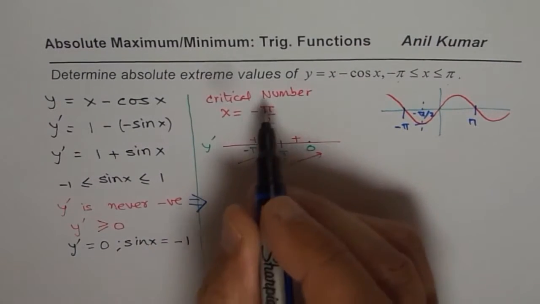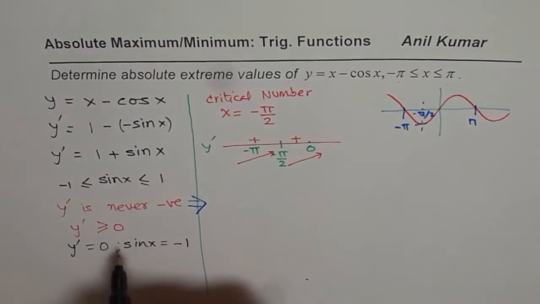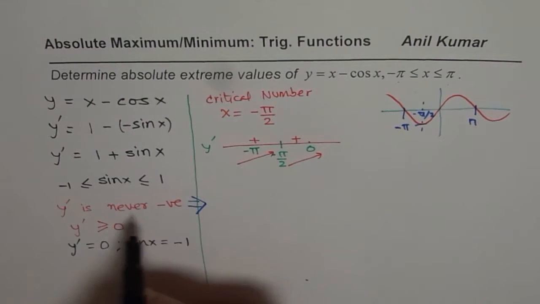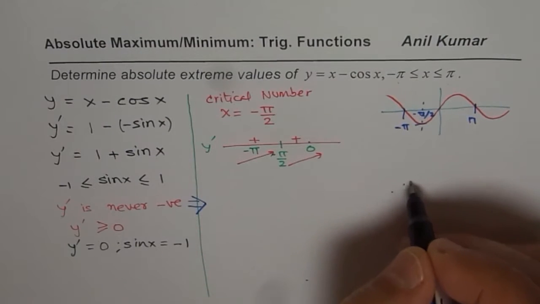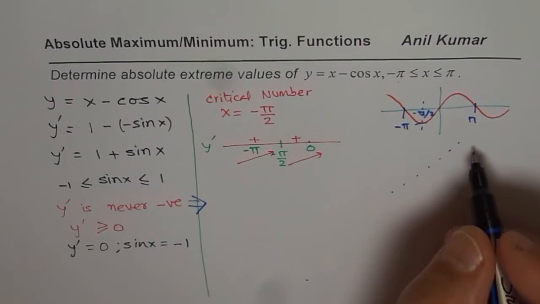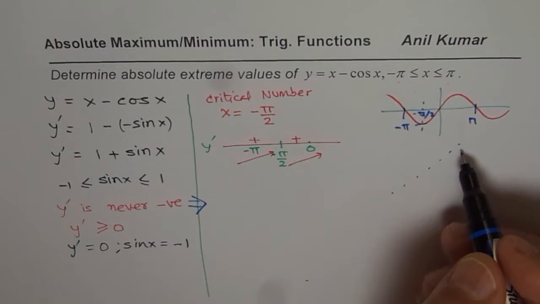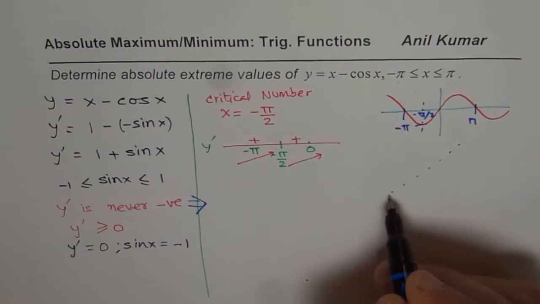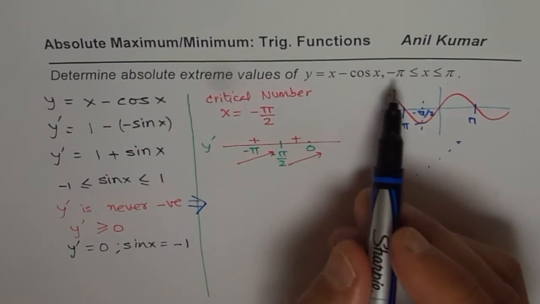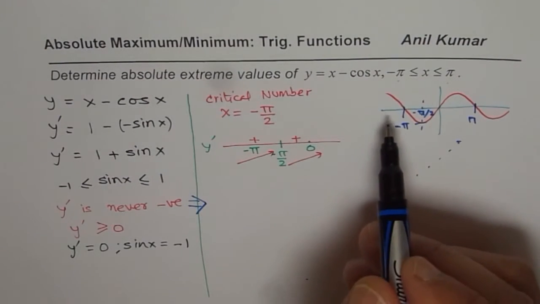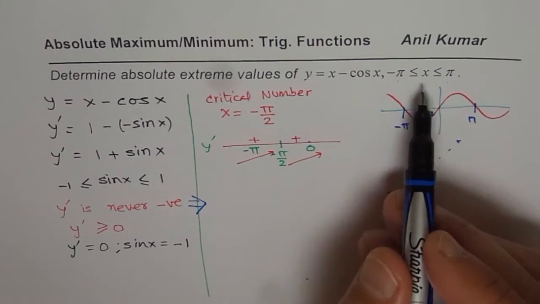These are different ways of thinking about the solution of this question. Now we say that the function is never decreasing, it is always increasing. So think about something which is always increasing. Where could there be a maximum and minimum? At the two extremes. So let us test the value at the two extremes to find the absolute maximum and minimum.